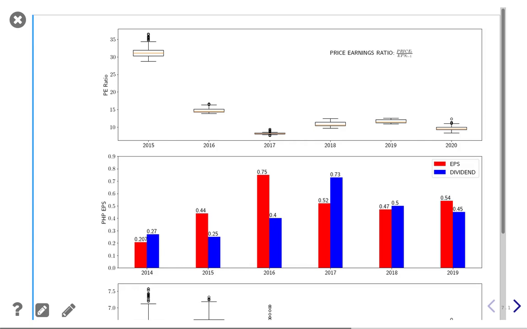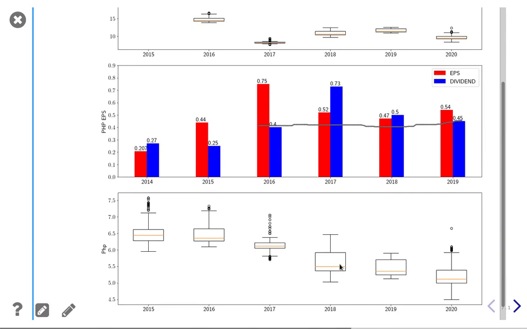But take a look at 2017 up to 2020. The level of the price to earnings ratio seems to be steady, while the range of the stock price seems to go down. The level here seems consistent, but the price of the stock is going down.